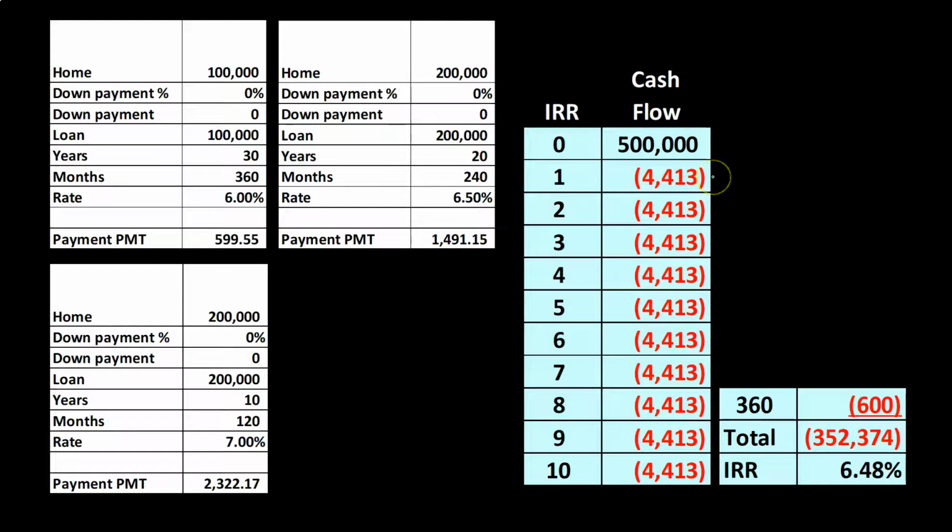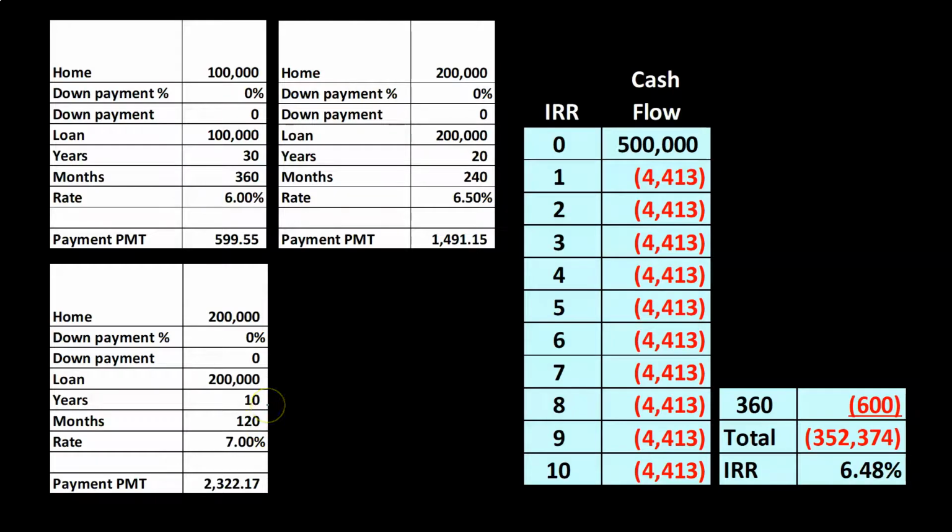Then we have an outflow, which for the first 10 years, or 120 payments, is the sum of these three payments: the $599.55, the $1,491.15, and the $2,322.17, which is about $4,413. So we're going to pay that $4,413 for 120 payments until this first loan expires.